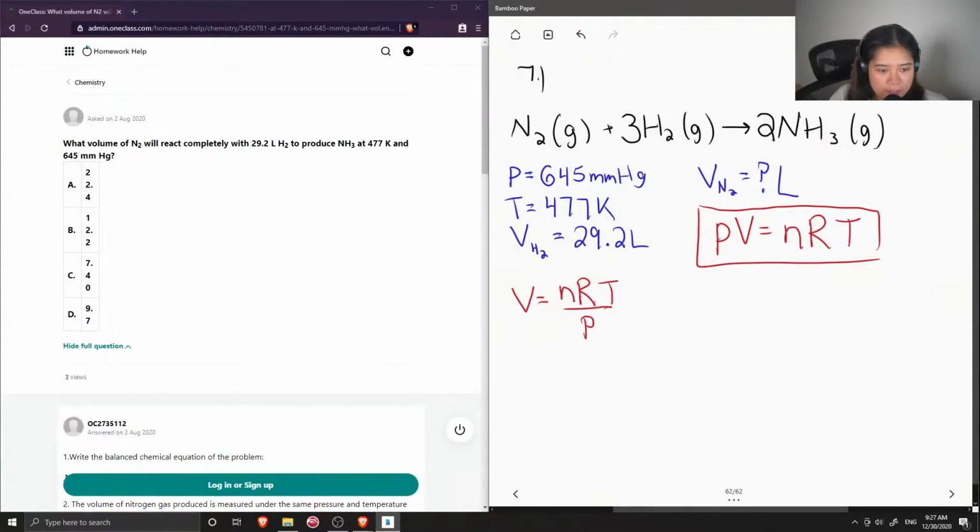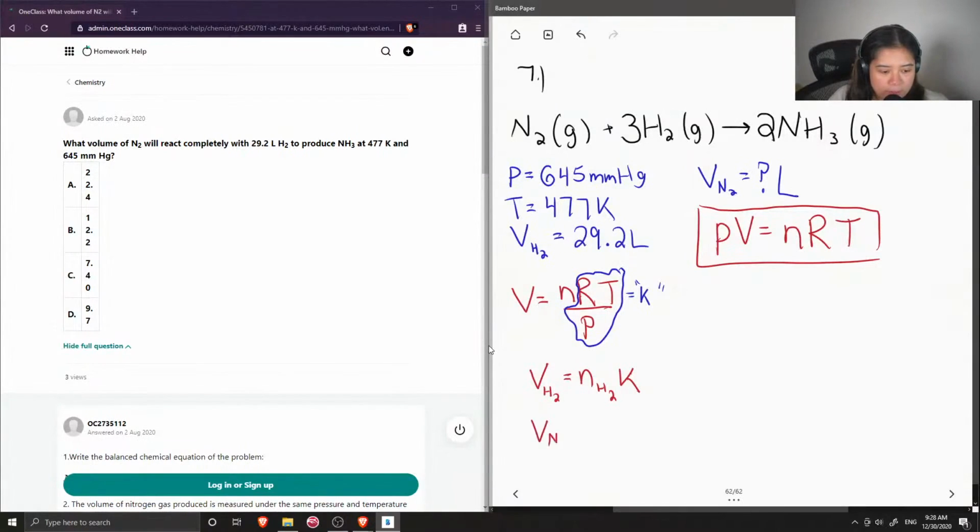Temperature and pressure is the same, and same with the gas constant. So we can kind of combine all of those variables, kind of make it equal to K. And then we can write out 2 formulas where the volume of H2 is equal to the number of moles of H2 times K. And then we can do the same thing for nitrogen.